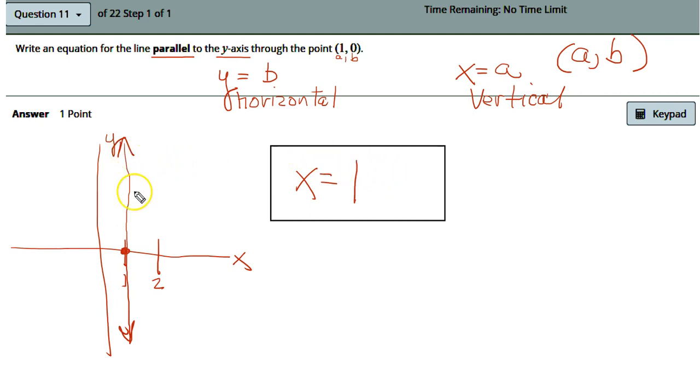By the way, this vertical line, is this a function? And the answer is no. It doesn't pass the vertical line test. If you're moving that vertical line over the face of the graph, is it only intersecting in one place? No, it's intersecting in an infinite number of places.